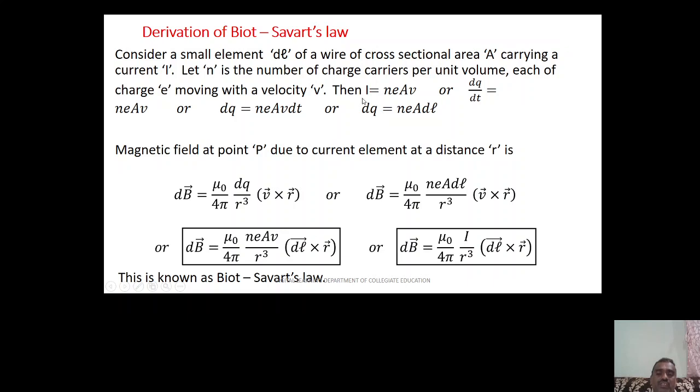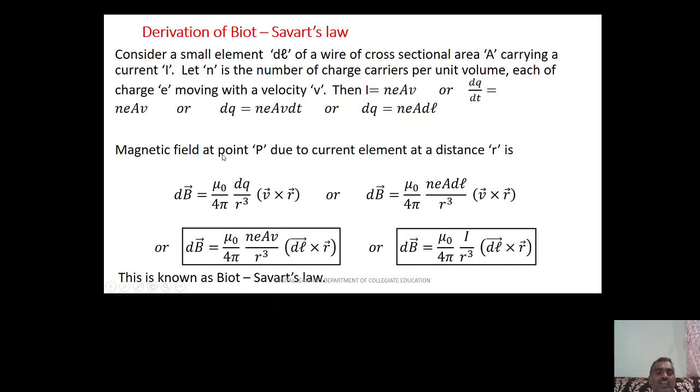Then we know I is equal to neAv and I is equal to dq by dt. So dq by dt is equal to neAv, or dq is equal to neAv into dt. This quantity v into dt is nothing but dl. Therefore dq is equal to neA dl.